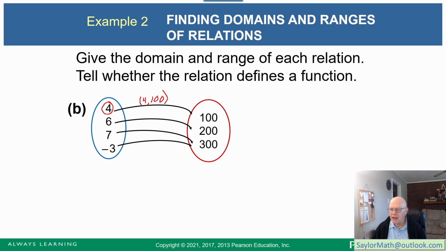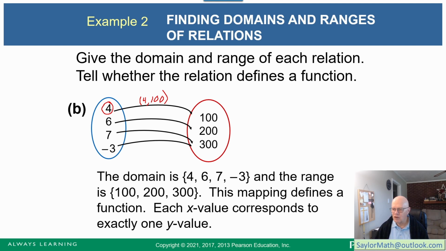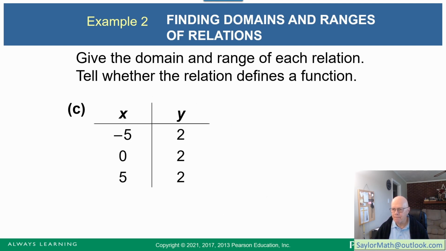If it's only ever matched with one y value or one second coordinate, it's a function. 4 goes with 100, that's only one thing. 6 with 200, good. 7, 300, good. -3, 300, good. We've got ourselves a function.